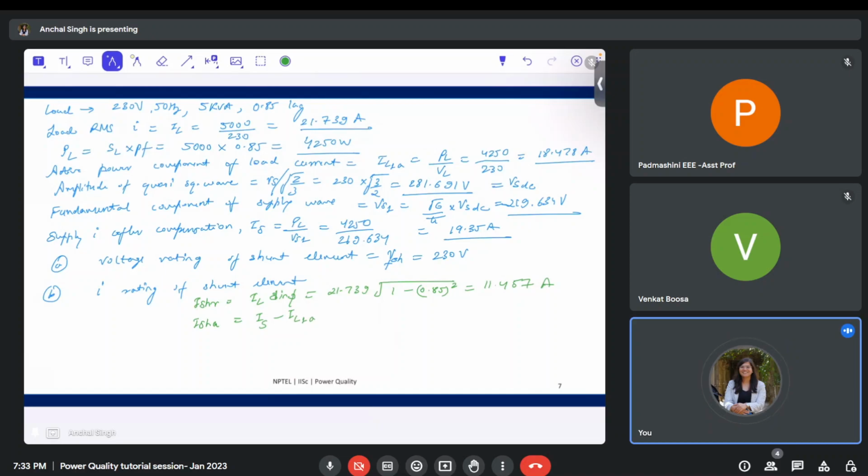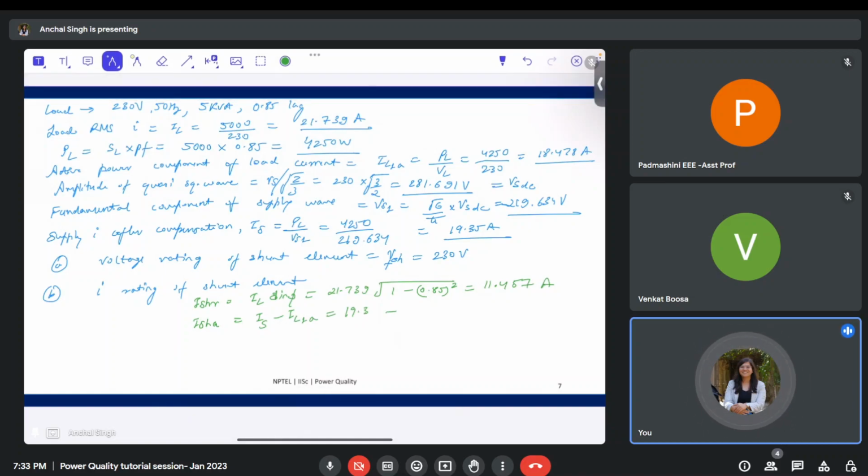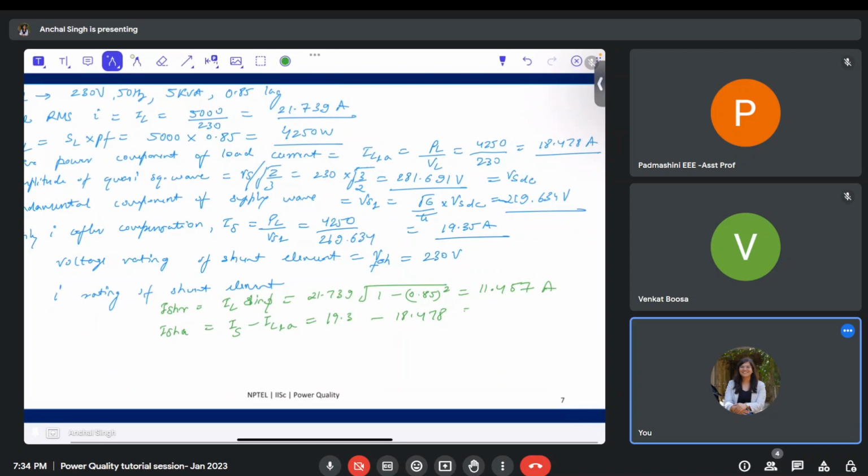And similarly, the active part of the shunt is equal to IS minus IL1A. We will subtract only the active part of the component which will be supplied by the source. So the supply current after compensation is given as 19.35 amperes, and IL cos phi or IL1A is given as 18.478. So this will come out to be approximately 0.872 amperes.